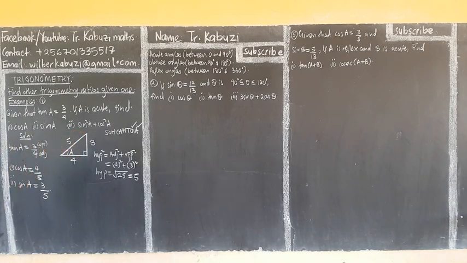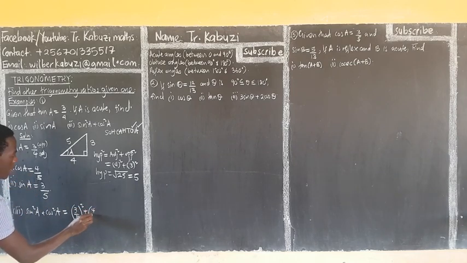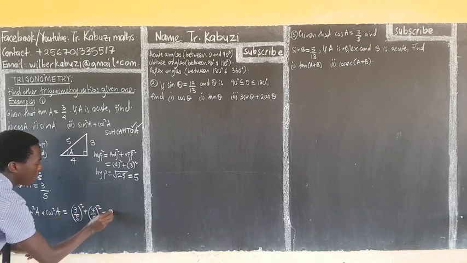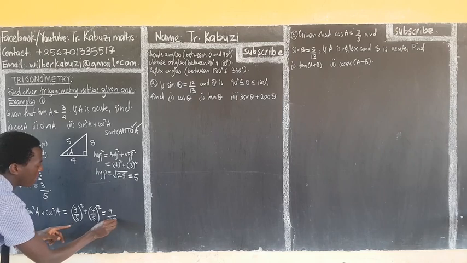Then you want sin squared and cos squared. This is the same as, we get the sine, you square it: 3 over 5, then you square it. Then plus cos squared, which is 4 over 5, then you square it. When you square 3 over 5, you get 9 over 25.